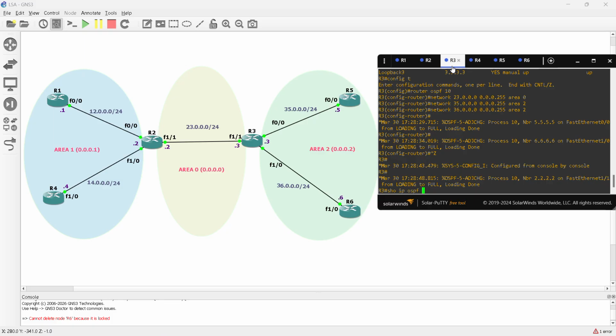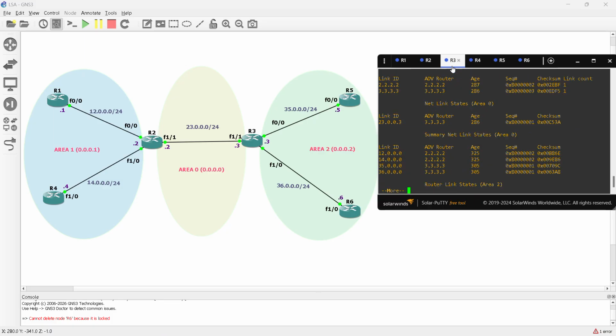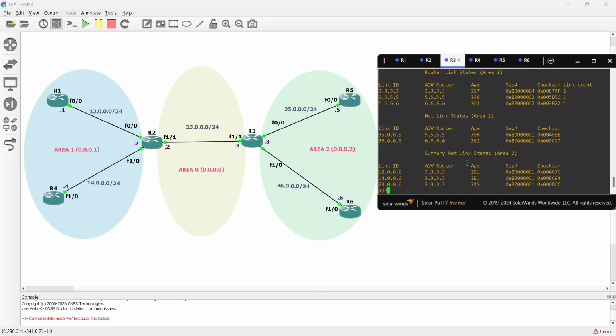show ip ospf database. Similarly, for area 0, we have this with its corresponding router ID. The router ID is the one who generated it, like this and this. But if you look for area 2, we'll have 3, right?